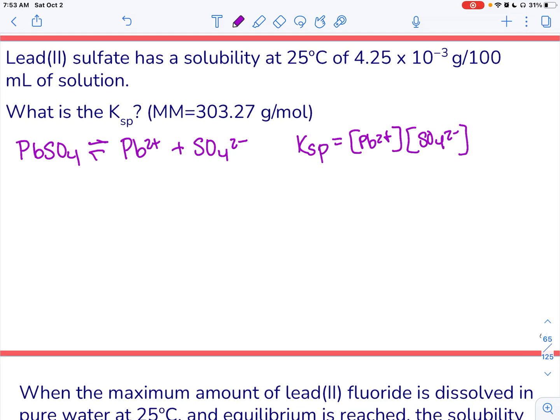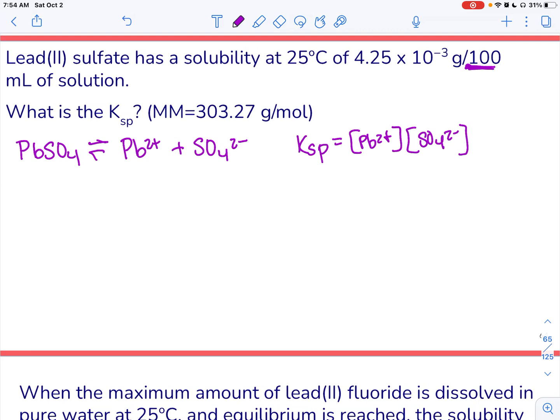So now what we need to do is find out the molarity of these two things. It's like we did in the last problem, except this time we're not given the molarity of the solution. We're given the gram solubility of the solution. So what you can do is figure out how many moles, then divide by the 0.1 liters that we have up here.